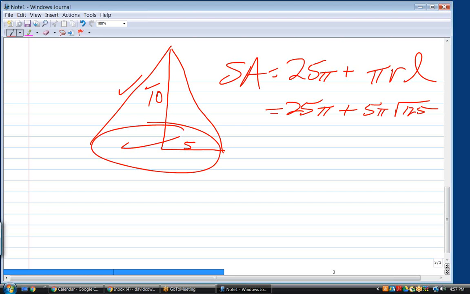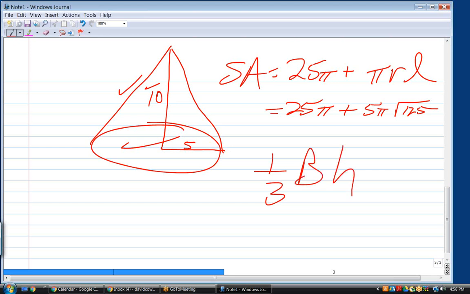And you can reduce that. Obviously, I can reduce root 125 and simplify it. But surface areas are much harder than volumes. Volume is a piece of cake. Volume is 1/3 the area of the base times the height.